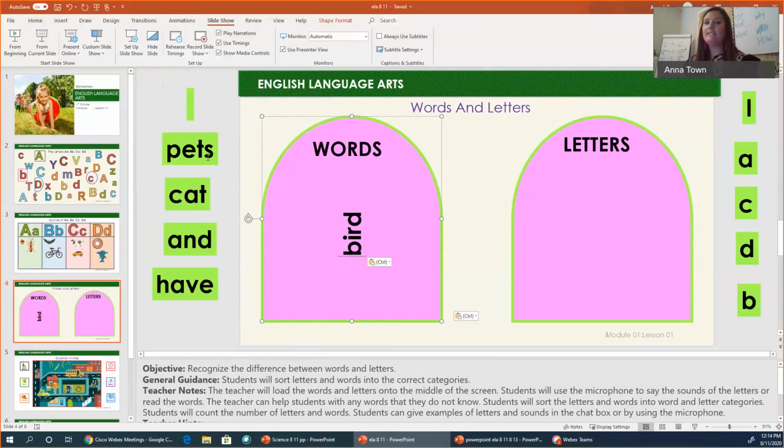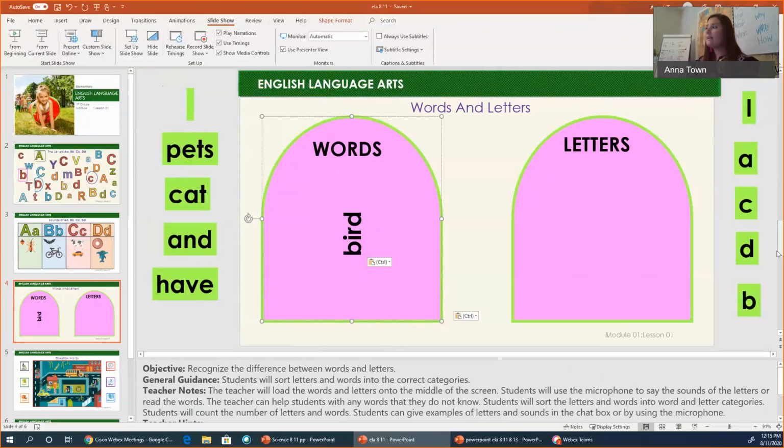So we put letters together to make a word. Pet. Cat. And. Have. Bird. So we put the letters together to form a word.